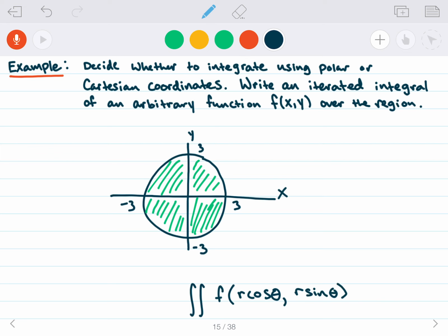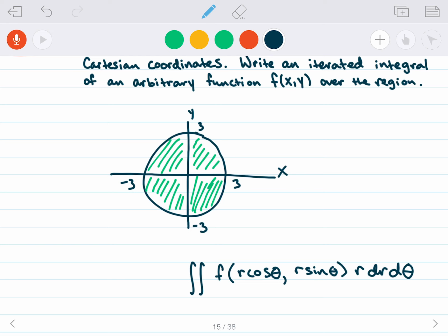And then we can't forget that instead of dy dx, we can write r dr d theta. Okay? So now let's figure out the bounds. So for the radius, we can say, well, I can go out from a radius of 0, right, all the way at the origin, to a radius of 3. So we're going from 0 to 3. And for theta, we're sweeping out the entire circle, so we're going from 0 to 2 pi. So that is my answer there.